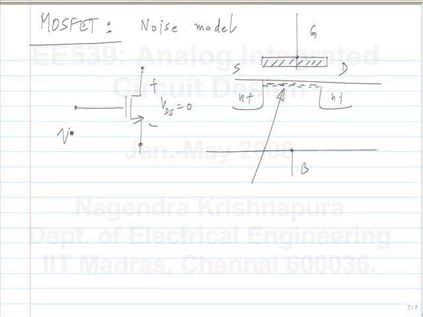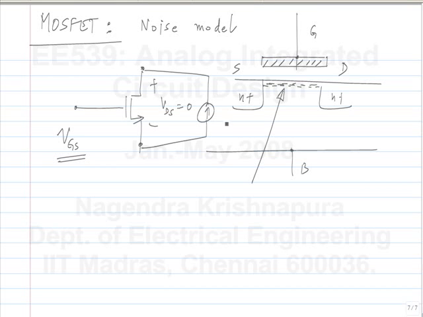Let's say it's biased at a certain VGS. What is the noise current? What is the noise model? Let's say I choose to represent it as a current source. We have already seen that for a resistor we can represent the noise as a parallel current source. So what is the parallel current source value?